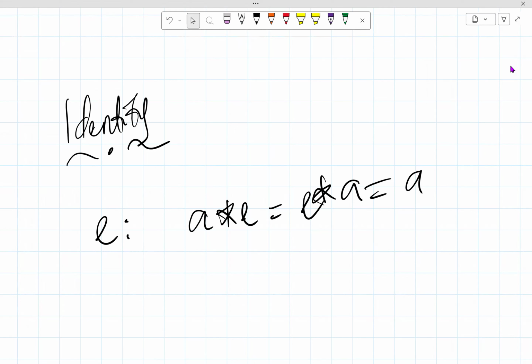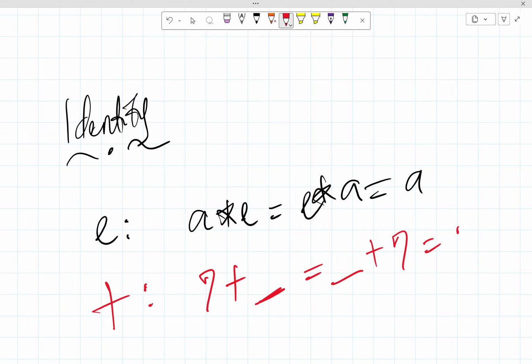So for instance, under addition, can you think of a particular number that if you pick a number 7 and you add that number to it, or you say the number plus 7, you always get 7? Can you think of a number like that? Of course.